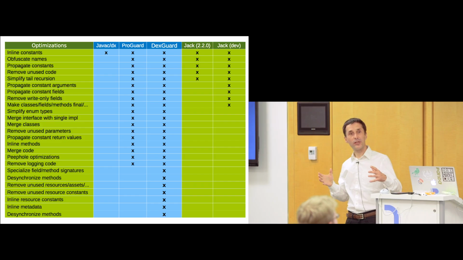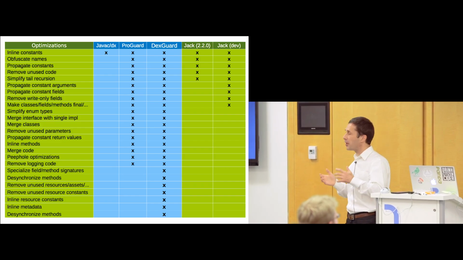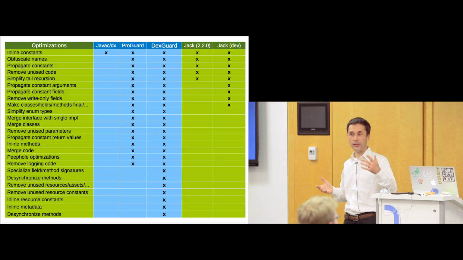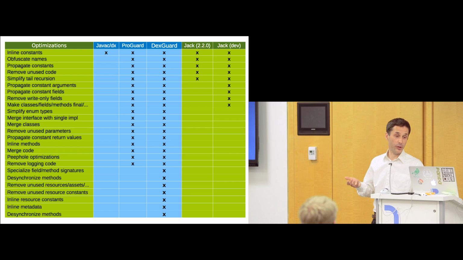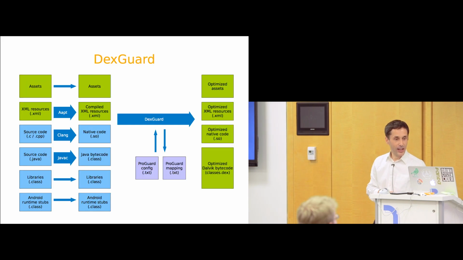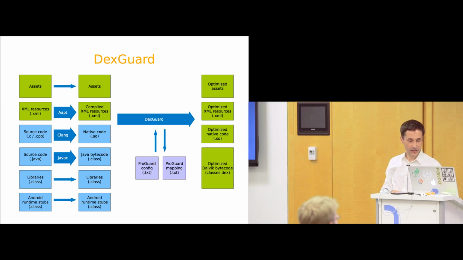DexGuard not only looks at the bytecode, like ProGuard and the Jack and Jill compilers, but DexGuard also looks at the resources and assets and native libraries and the manifest file in your application, and it optimizes all of that together. And of course, if you look at more things at the same time, there's more you can do. So just as a bit of background here, DexGuard looks at everything, and it is compatible with ProGuard and optimizes and obfuscates everything together.